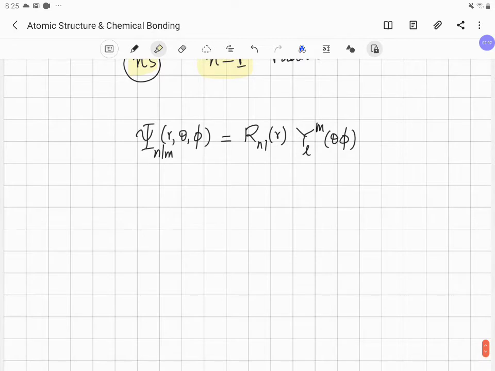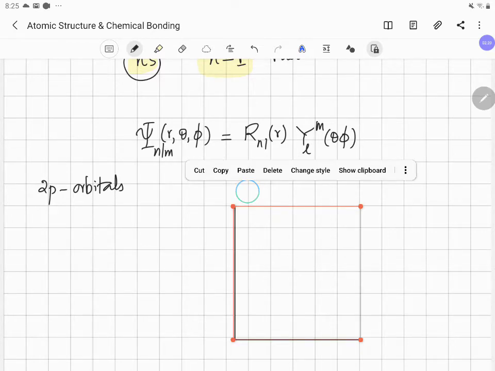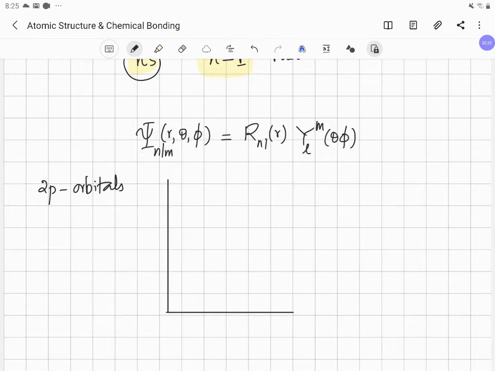Now, if we plot the similar function for 2p atomic orbitals, let me tell you how it looks. What we have to plot is the radial part of the wave function, modulus square, into r square. If it is along only one dimension, then this r can be replaced by x.